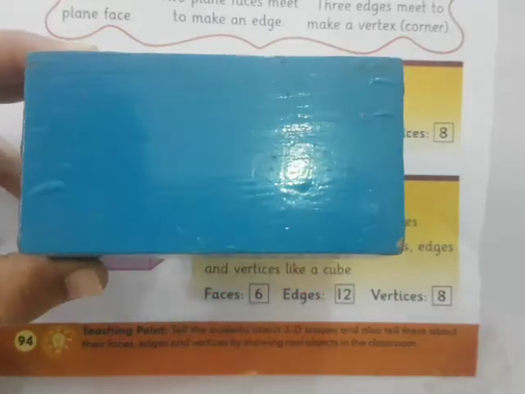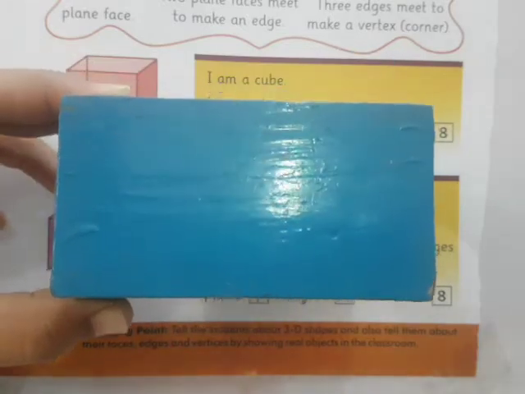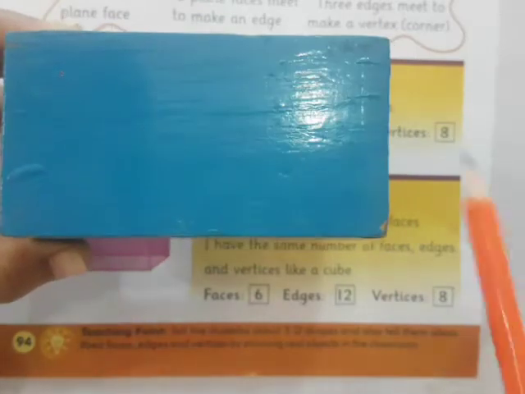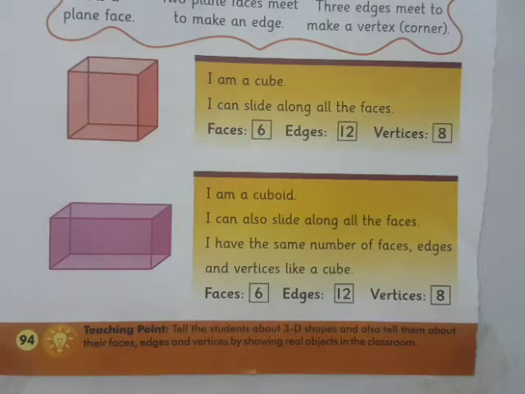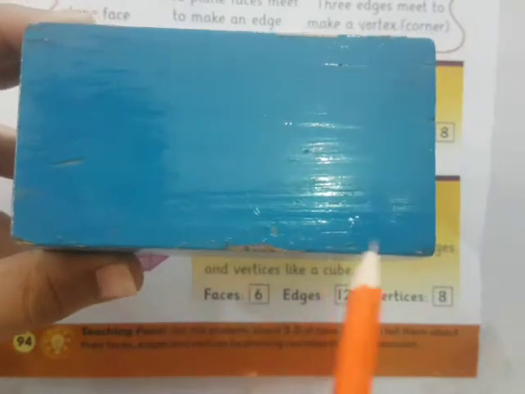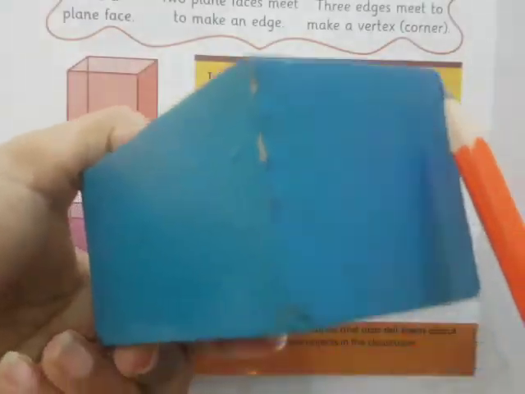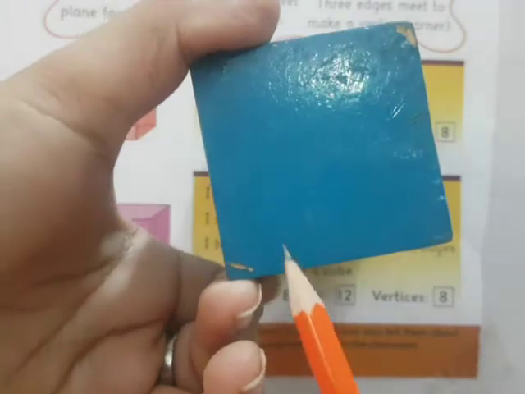Okay, look at this cuboid. It has 1, 2, 3, 4, 5 and 6 faces. And how many edges does it have? 1, 2, 3, 4, 5, 6, 7, 8, 9, 10, 11 and 12.